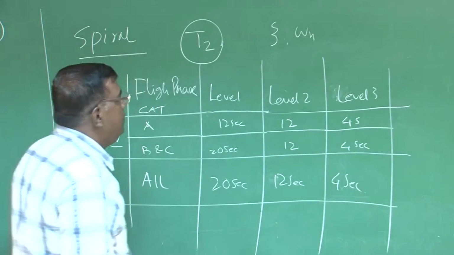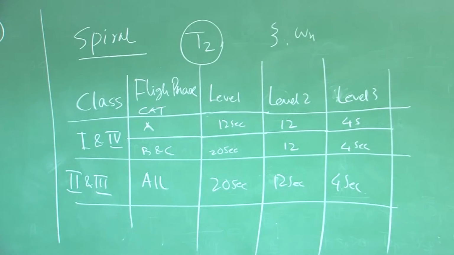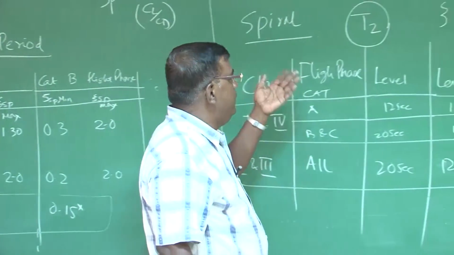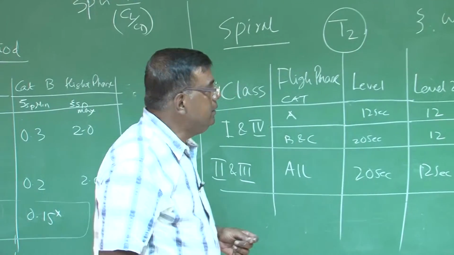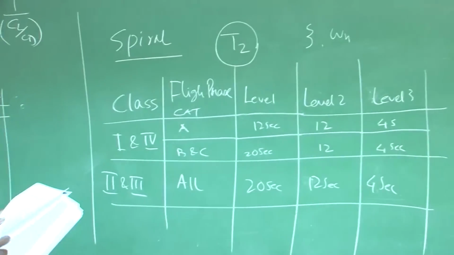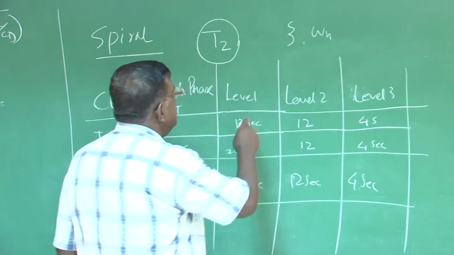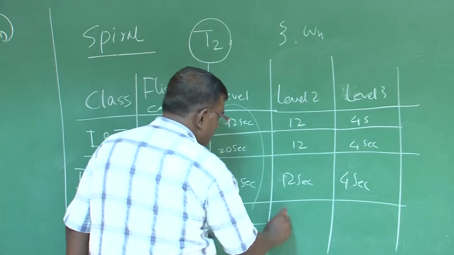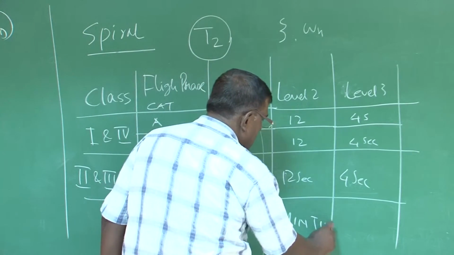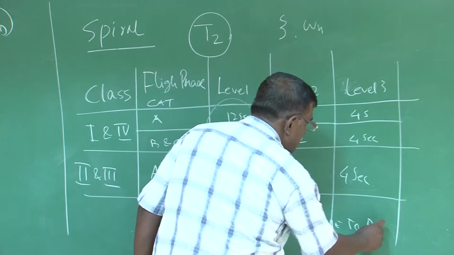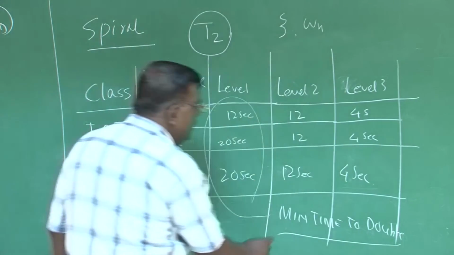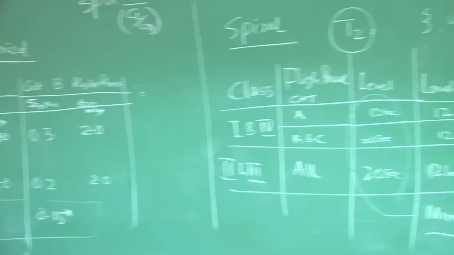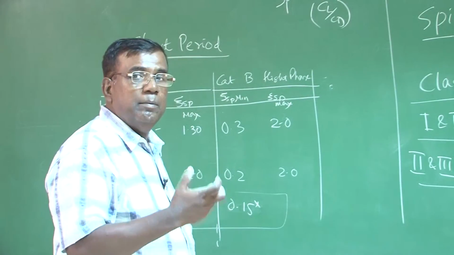You have seen the expression of time to double. If you are allowing it to double, then I am talking about spiral divergence, undamped. And when I say these seconds, this is minimum time to double. Why is it minimum? Because if it is too fast, then it will be difficult to control. So that is why the restriction is on minimum time to double.